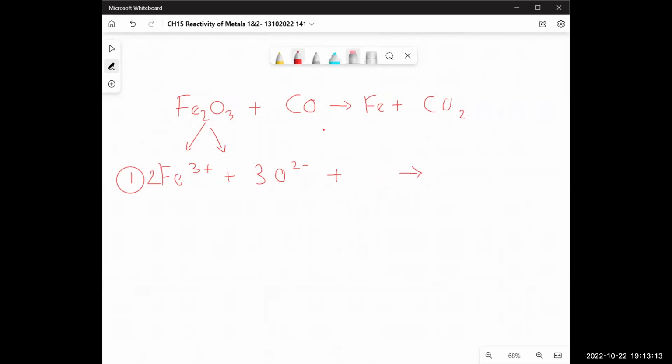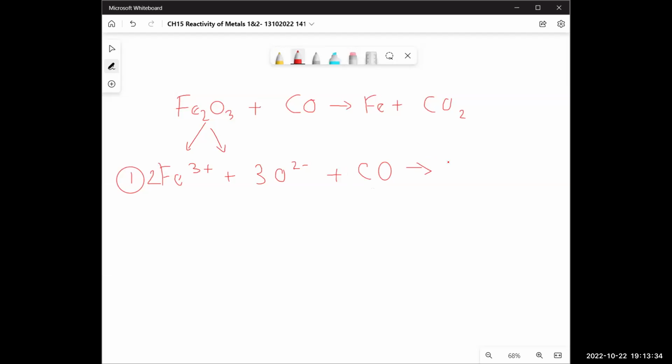But we can write it like this: carbon is always 4 plus, and oxygen is always 2 minus. We can't do it like that. Your job is just to look at CO, because it's not an ionic compound, so you can't make ions with it.